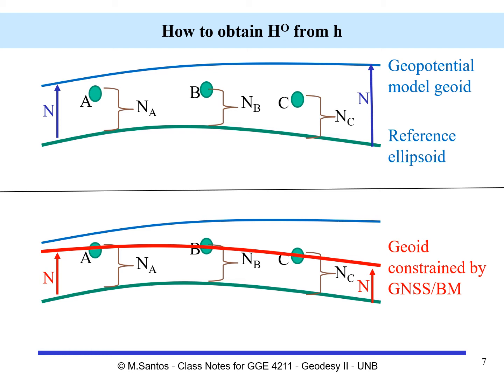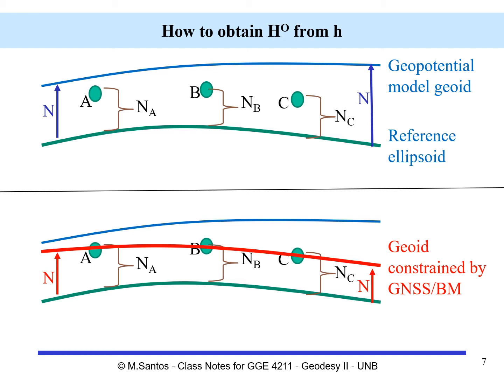So what we have to do essentially is move the geopotential model geoid that we have in blue in such a way that it fits the known geoidal heights that we obtain from GNSS on benchmarks.